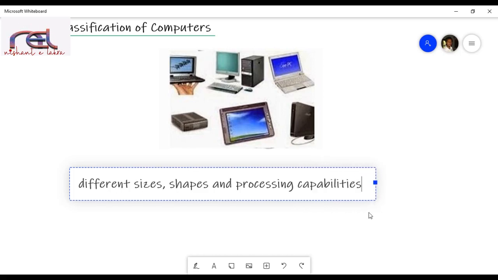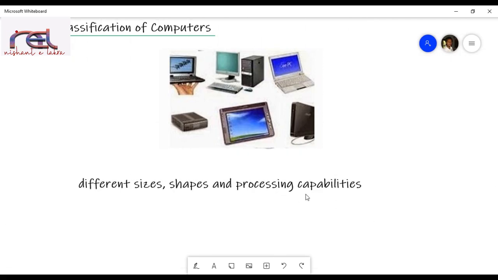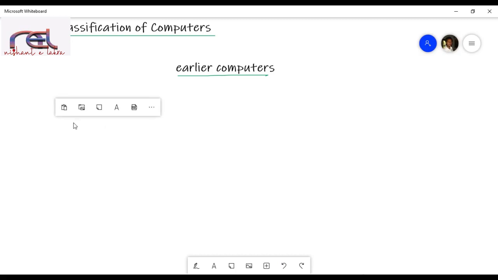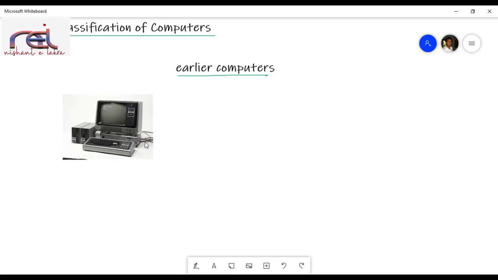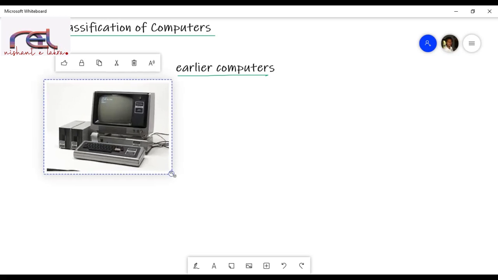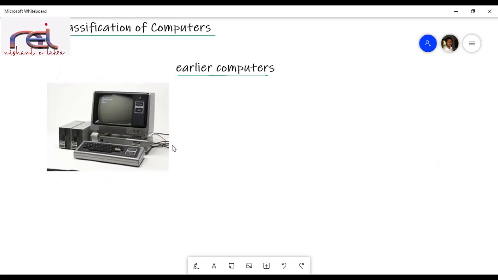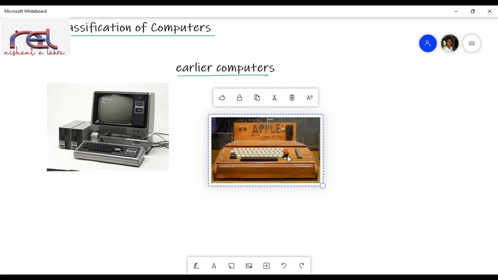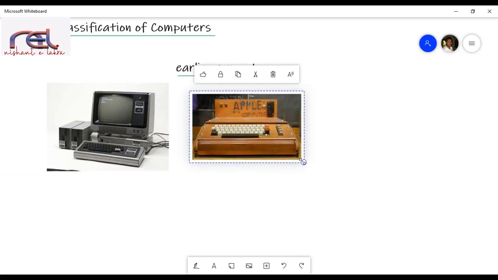Let's understand about earlier computers. You have already learned in the previous class, but let me just revise it with you here. On your screen you will see some early computers, and if you compare them with the present computers, you would clearly find a difference. Earlier the computers were bigger, right?